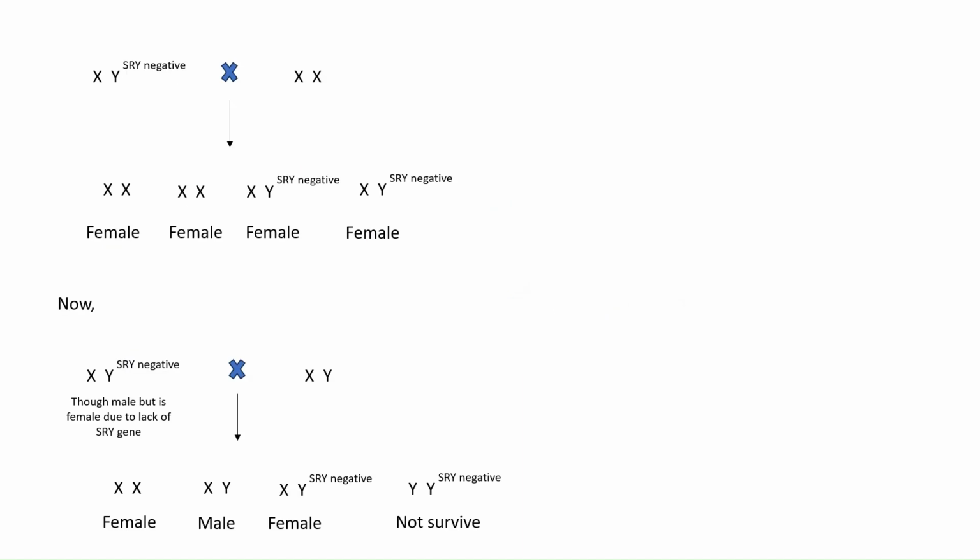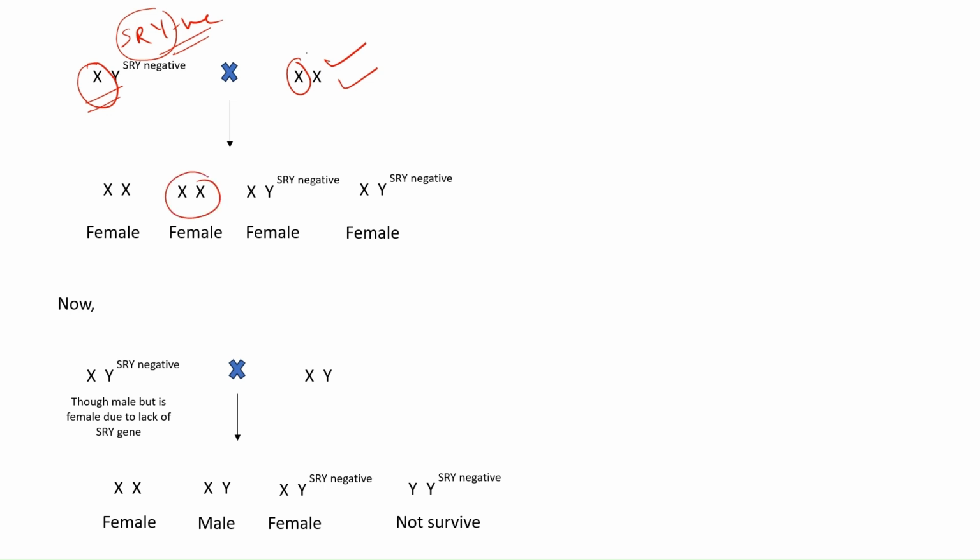Now, consider XY SRY negative. SRY negative means this is a male, but it will behave as a female because this gene is missing. Now, when such a male is crossed with a female, in the next generation, what will we get? This X with this X, XX, a normal female. The same X with the second X, again a normal female.